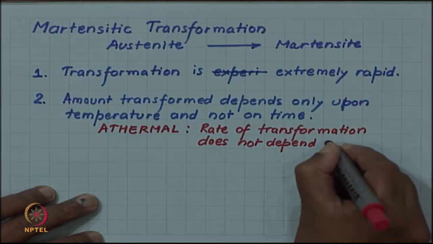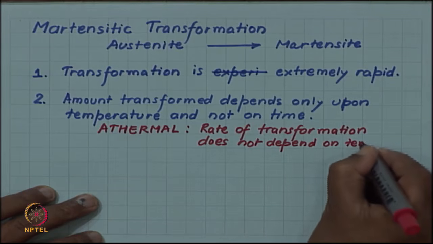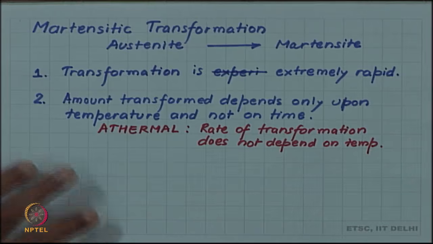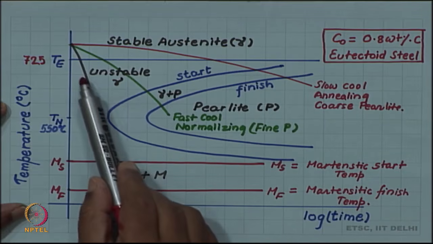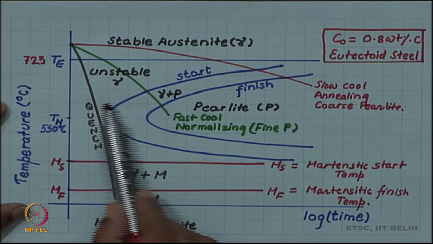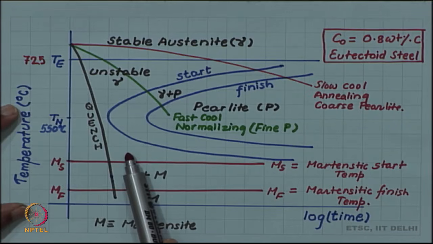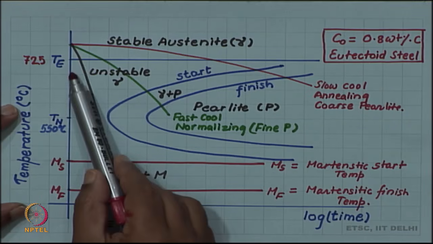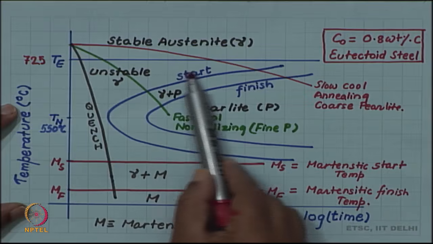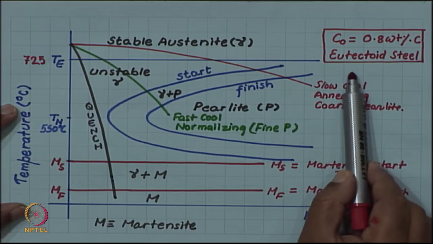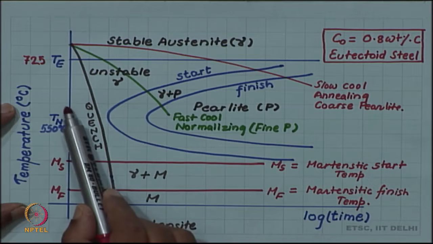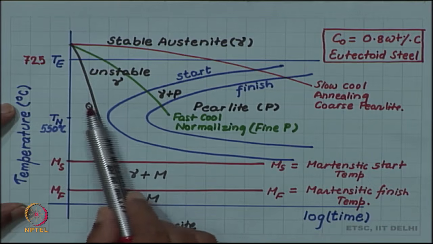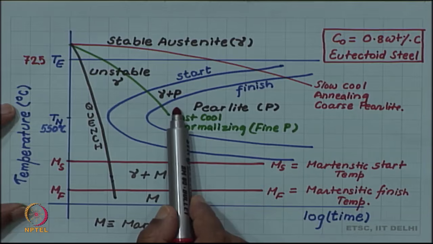The rate of transformation does not depend on temperature, and that is why you did not have the C curve. In the case of C curve, you can see the very existence of C curve is indicating that the rate of transformation is a strong function of temperature. So, just below Te, the time required for transformation to pearlite is very high, the rate is very slow, but close to the nose the rate is very high and the transformation to pearlite is very rapid.